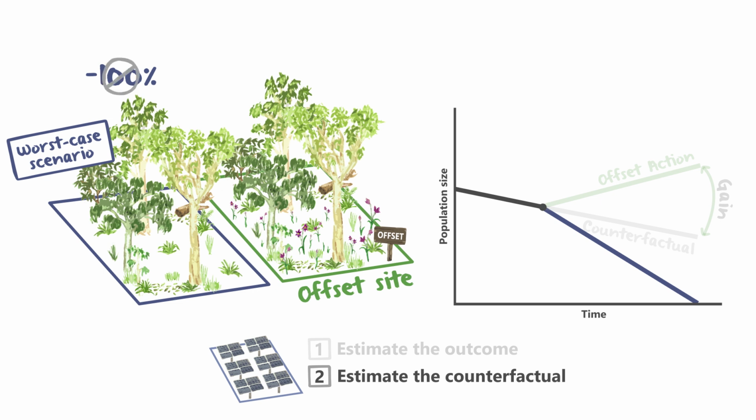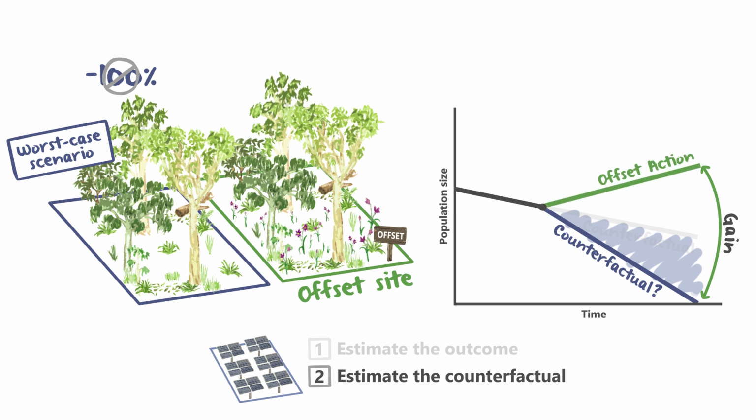Well, it's usually not appropriate to use the maximum loss that is possible or legally permissible as the counterfactual scenario. This would result in overstating the offset benefit, because such a counterfactual scenario would describe a greater loss than is most likely. And so the offset action scenario would look like it's making an even bigger difference to the outcome than it really is.